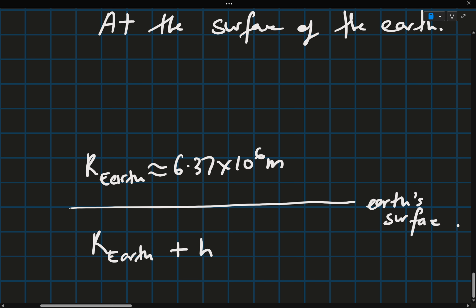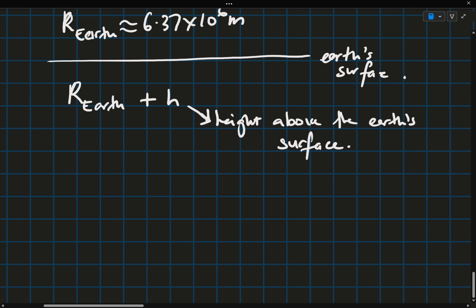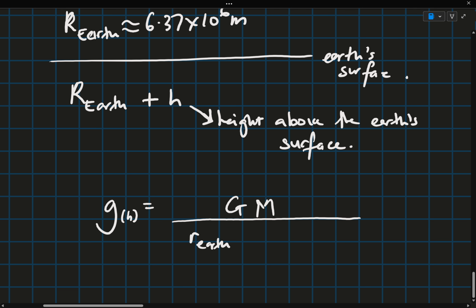So hopefully this makes sense. Therefore, the gravitational field strength at a height above the Earth's surface is going to be equal to G, the gravitational constant, times M, the mass of the Earth, divided by the distance, the radius of the Earth, plus h, squared.